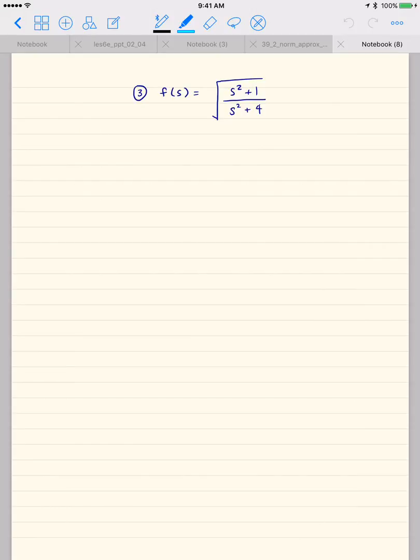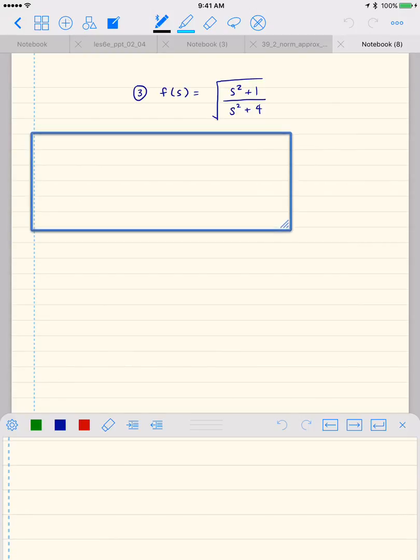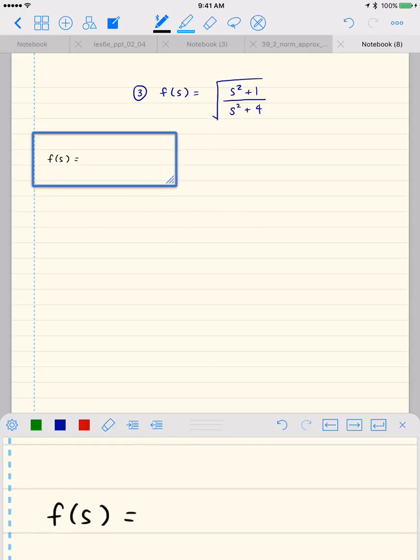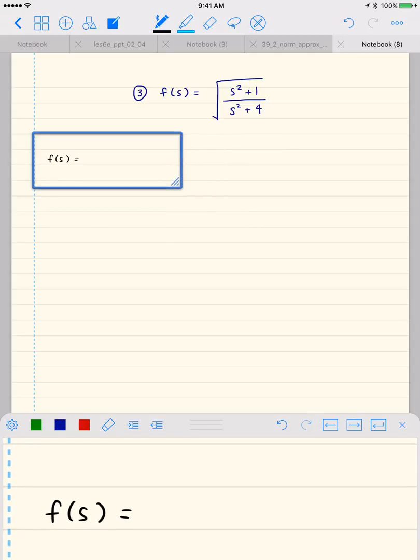Okay, so the first thing I'm going to do is rewrite my f of s. So I've got f of s equals, I'm going to rewrite it as s squared plus 1 over s squared plus 4, all to the power of 1/2.